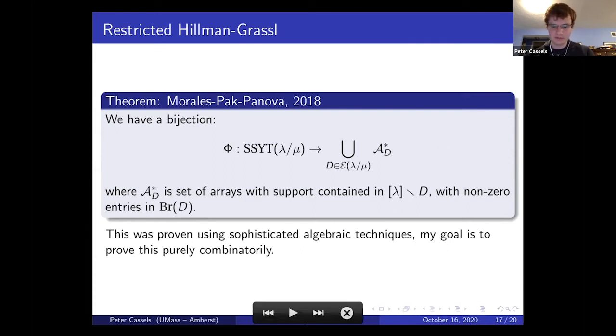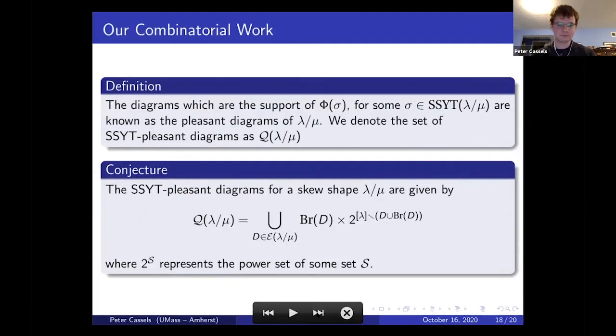So what I was doing this summer was working towards proving this purely combinatorially. Taking inspiration from their paper, the way I did this was making a definition of all the diagrams which have support from Hillman-Grassl of the SSYTs, calling them Q of lambda mu.